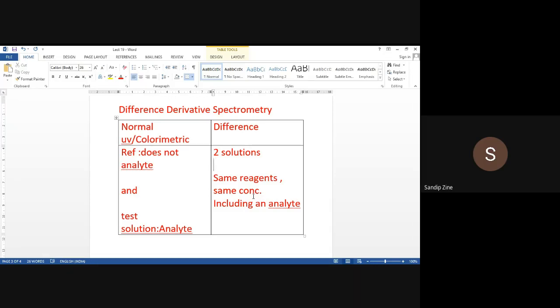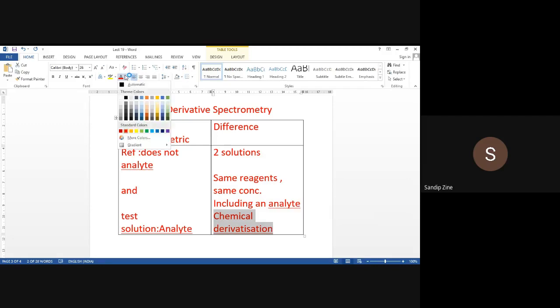The difference spectrometry makes use of... can anybody put the keyword here? That is chemical derivatization.